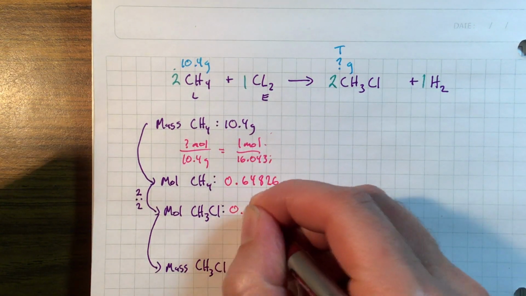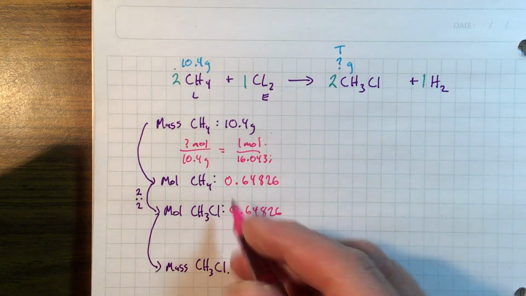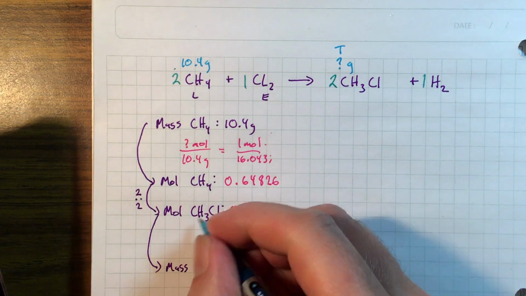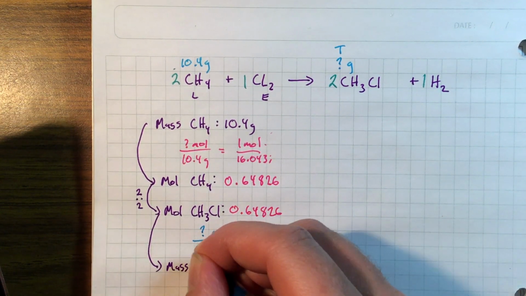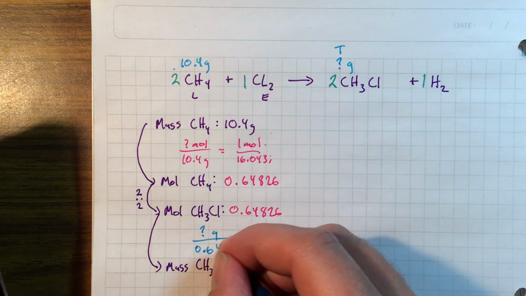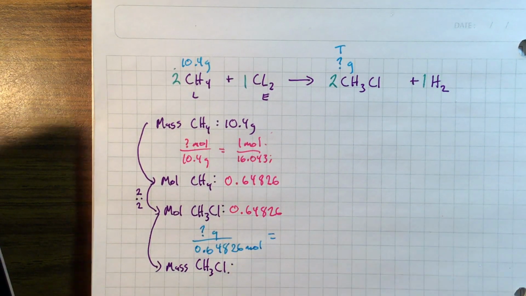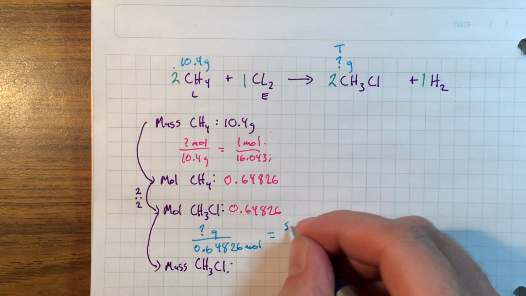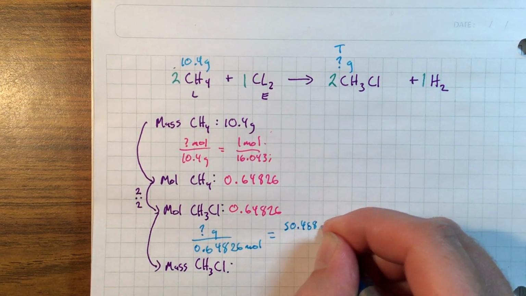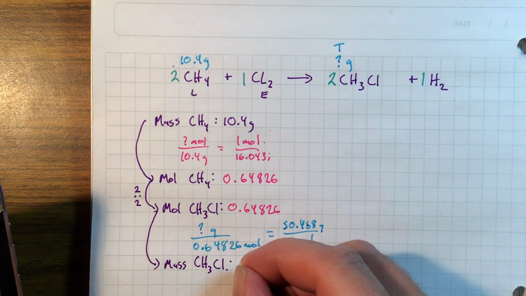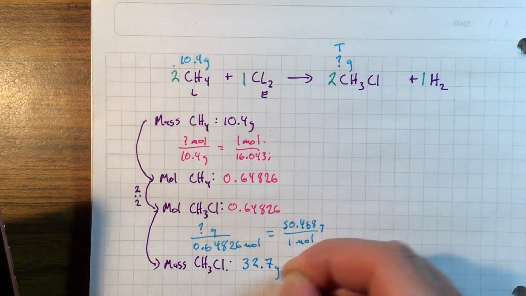So this guy's going to be 0.64826, right? Because we times it by 2 divided by 2. Last step. How many grams are there in 0.64826 moles? If there are 50.488 grams in 1 mole, so we take our answer, multiply it by 50.488, 32.7 grams.